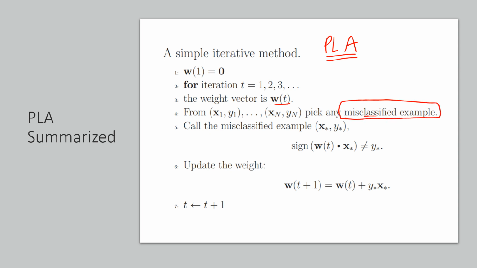Of course, for that example, the sign of w, which is my line, times the misclassified point will never be equal to the actual outcome given. That's why it's misclassified, right? So what I have to do is update for that particular point and keep repeating that, until we see when to stop.